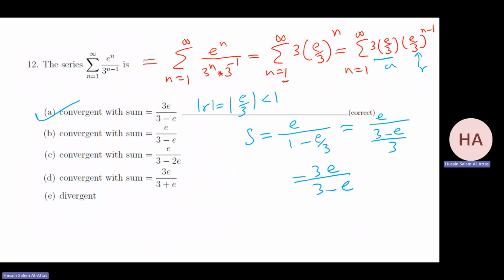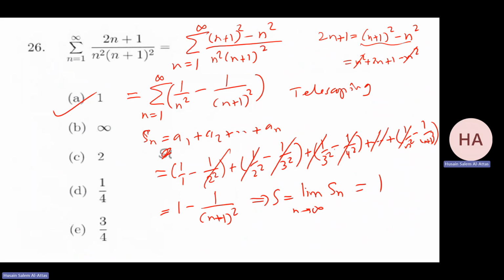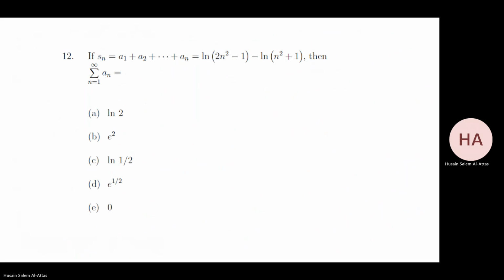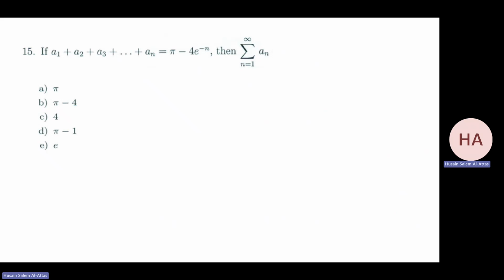Then the limit of An cannot not exist. It will exist and it will be equal to 0. So from this, I know that the limit of An as n goes to infinity is 0. So this is my answer. He said the limit does not exist. No, the limit exists and it's equal to 0.